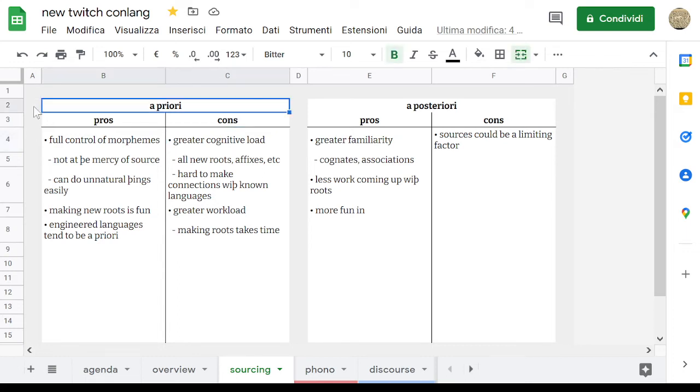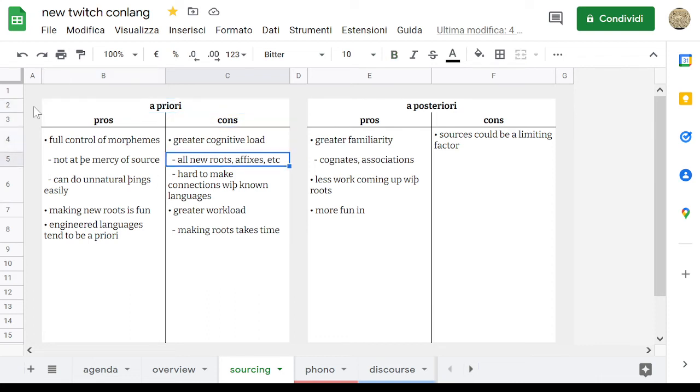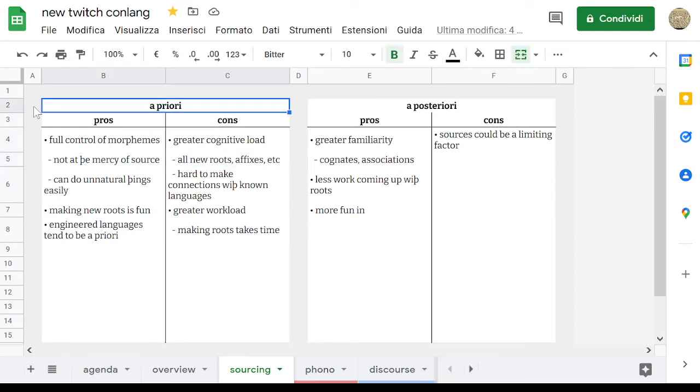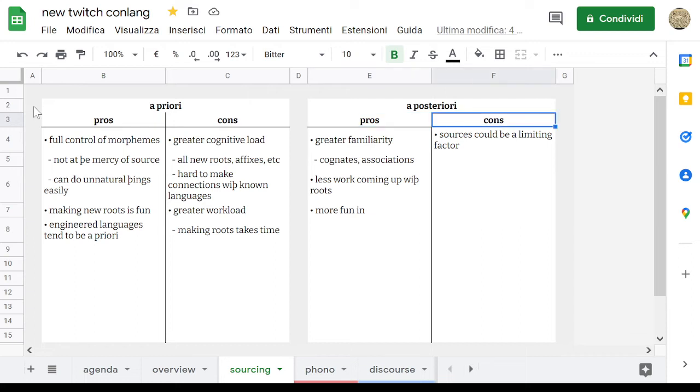a priori languages. I've also liked a lot more of the a priori languages that I've made and learned them. Most of the languages that I've made that I know how to use pretty proficiently are a priori. There's maybe one or two a posteriori that I feel confident in and don't need to look up in the dictionary as often.